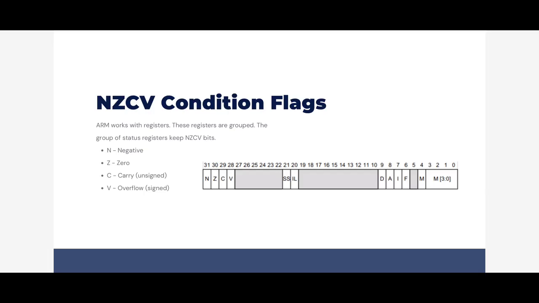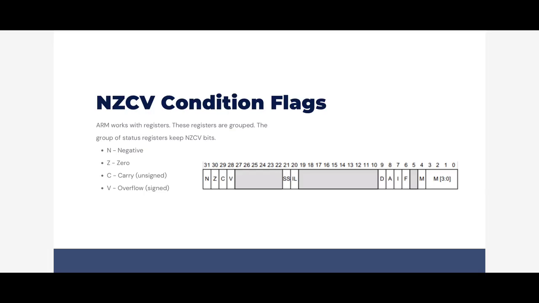To explain carry, it's related to the addition operation, for example. In the case of 8-bit registers, if we sum up two binary representations of integer values, and it demands extra space for the generated bit, and if there is no room for this bit, it becomes a carry, and it raises the carry flag.